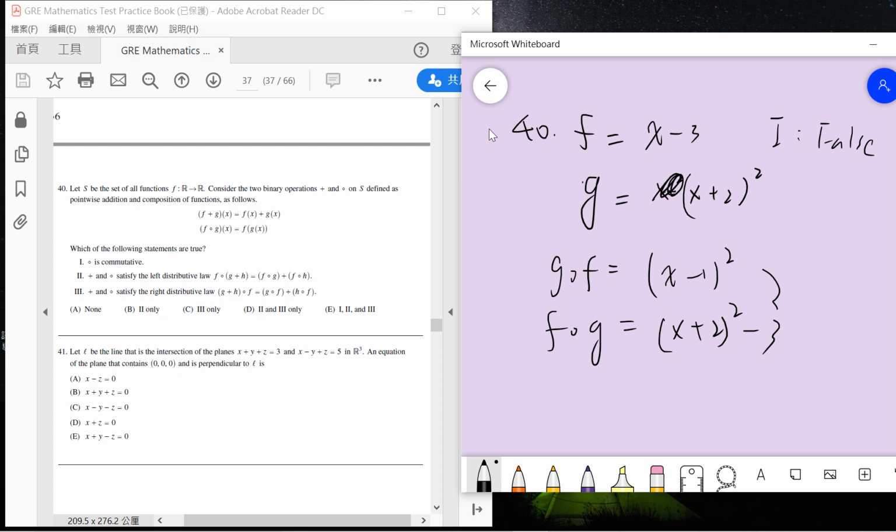And the third, the plus and the composition satisfy the right distributive law. And this is correct. Basically, the third just uses the definition. So only the third is correct. So this one we choose C.